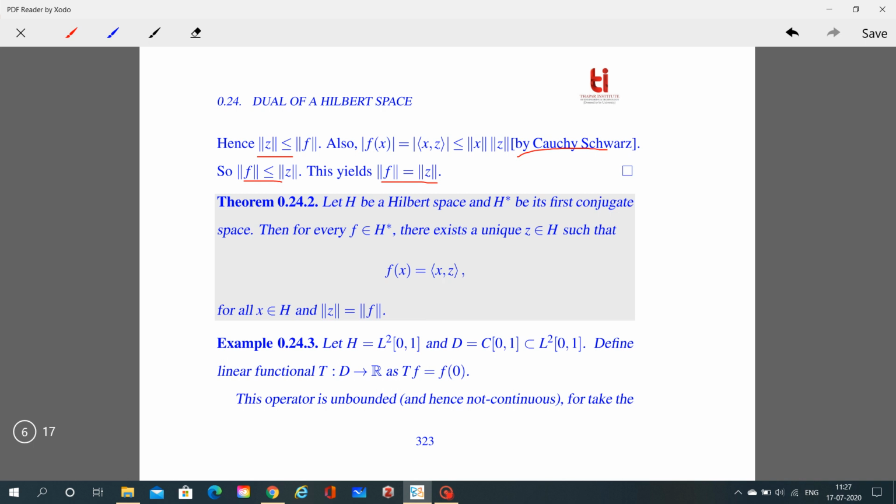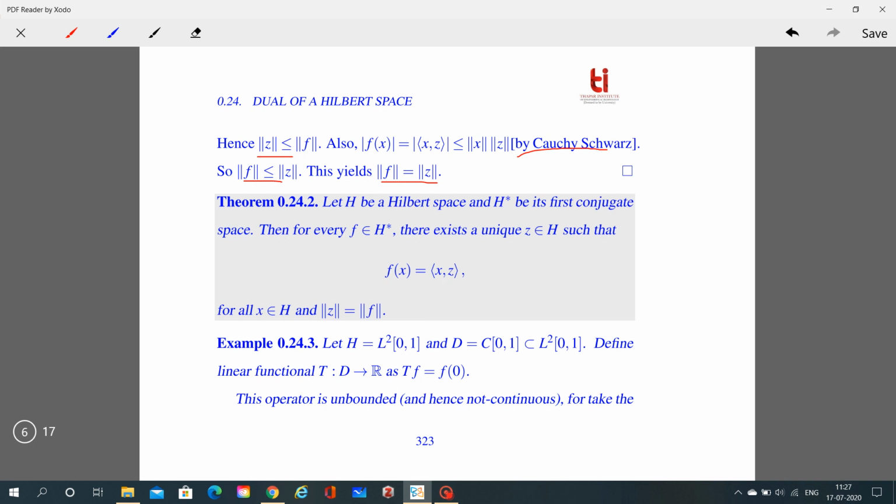Now we'll discuss some examples related to linear functionals. So let H be equal to L2 on the closed interval 0, 1, and D be the set of all continuous real valued functions on the interval 0, 1, which is a subset of the L2 space over the interval 0, 1.